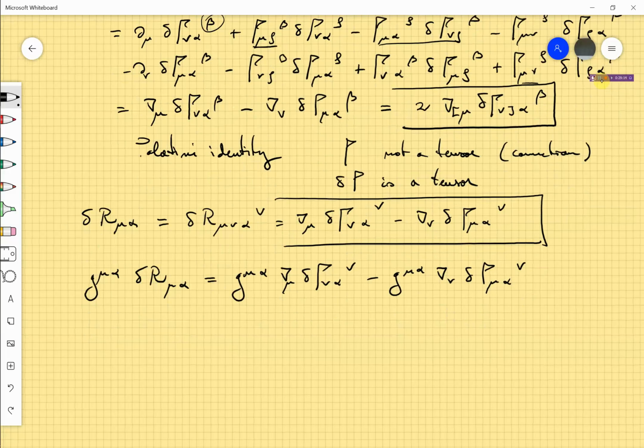Then of course we can take the metric inside of the covariant derivative. Okay, and this term we can do exactly the same.